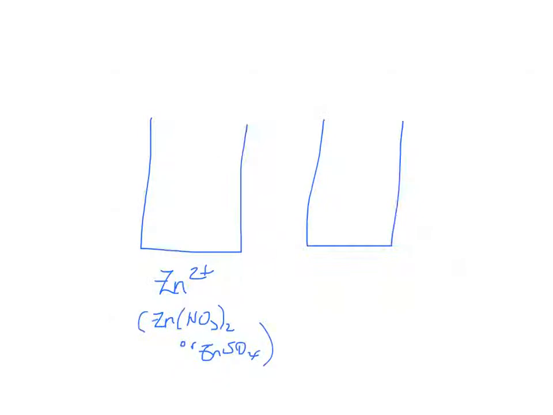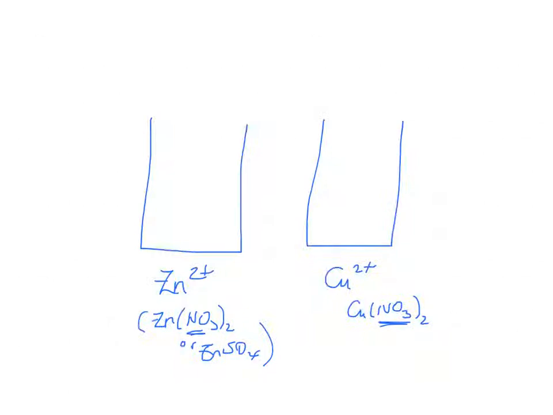Zinc chloride, sometimes some people try to use that. The other one is the copper solution. Copper nitrate is just fine. You usually want to keep the corresponding anion the same, just for consistency.